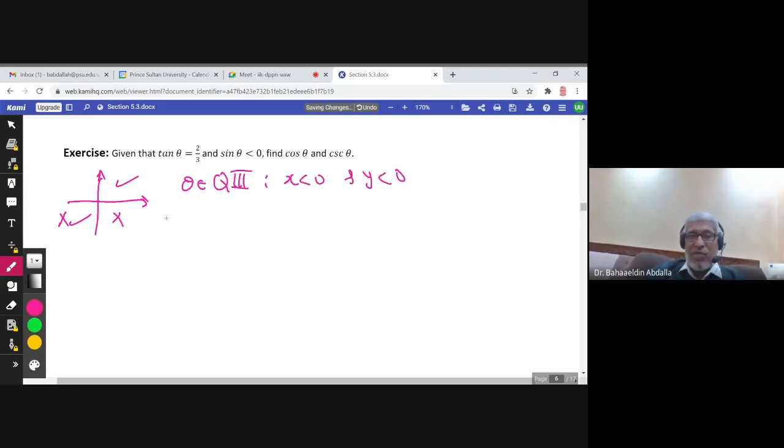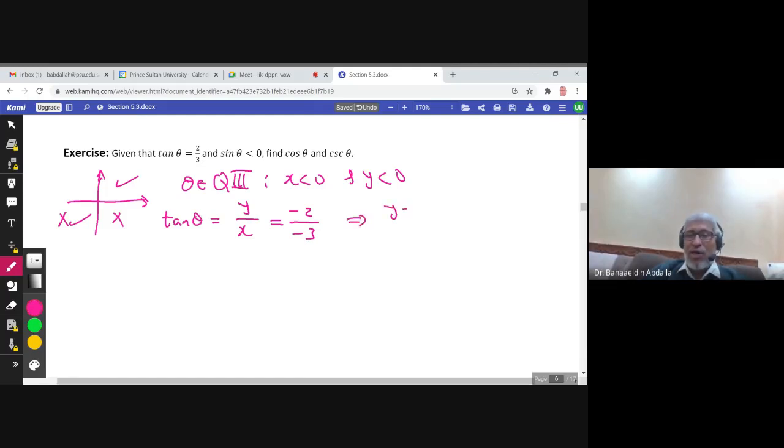Now he says to me that tan theta is 2 over 3, but I know that tan theta is y over x. So I cannot take y 2 and x 3 because y is negative and x is negative. So I take y to be negative 2 and x to be negative 3. Now negative 2 over negative 3 would be 2 over 3.